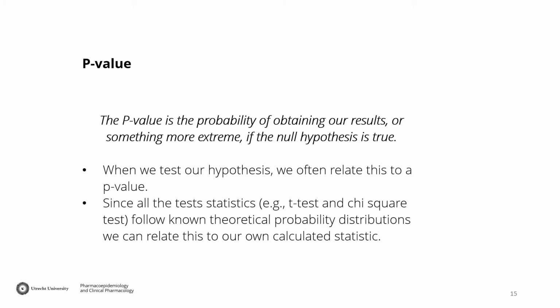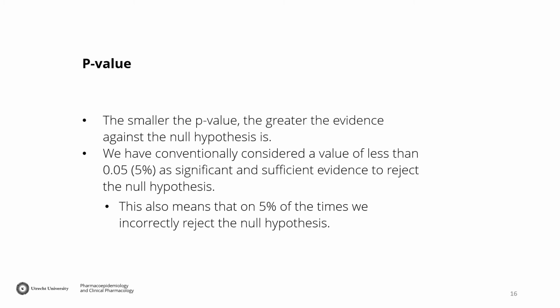Likewise, if we move further away from 1, usually we use 0.05 and below. If that is the case, then we say that there's a statistical significance and there is a difference between the two. And that is also what I read here: the smaller the p-value gets, the greater the evidence against the null hypothesis is.